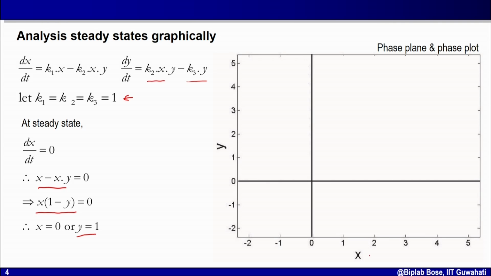So that's why I have plotted x in this horizontal axis, y in this vertical axis. So any point on this xy plane is the value of x and y at that moment. As time changes, the value of x and value of y will change as per the given ODEs, so we will get multiple points and these points will keep on moving.